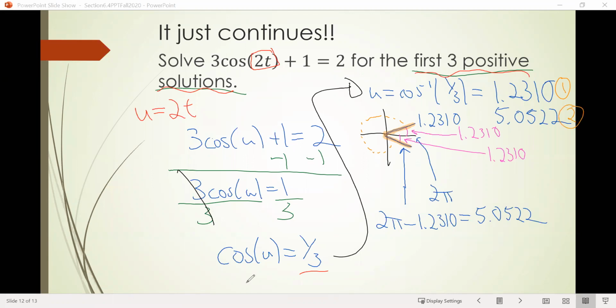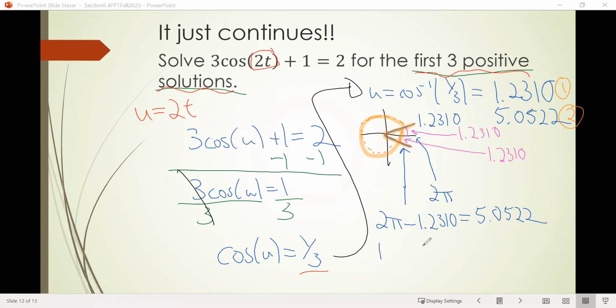So how are we going to get the third one? If we keep spinning around the circle, we'll end up back at the spot where 1.2310 is, and that would be another answer. To get it, we've gone a full rotation around from 1.2310.